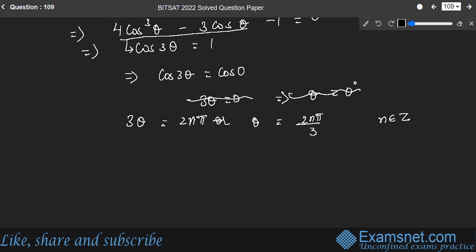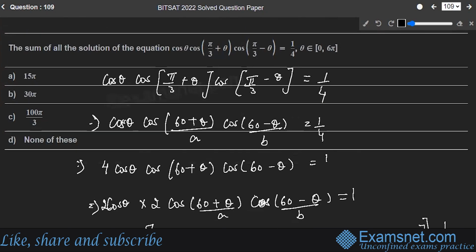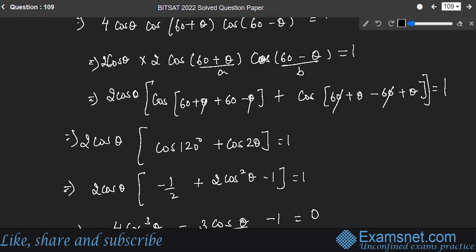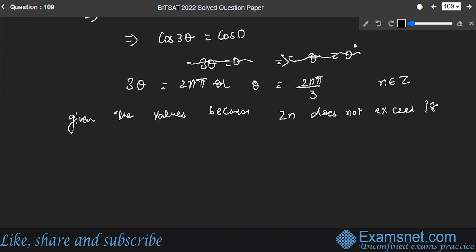Given the values, 2n does not exceed 18, because you are given here that theta lies between 0 to 6 pi, so 2n does not exceed 18.